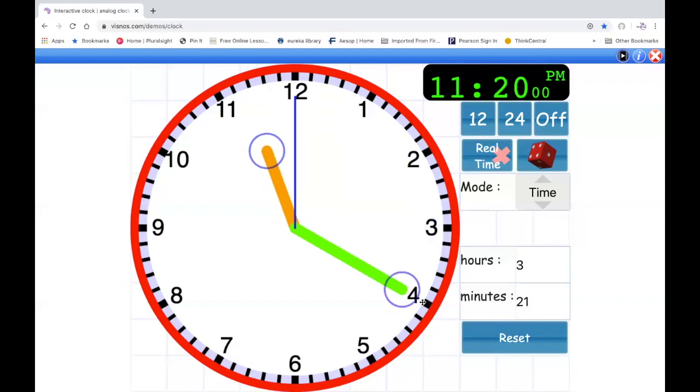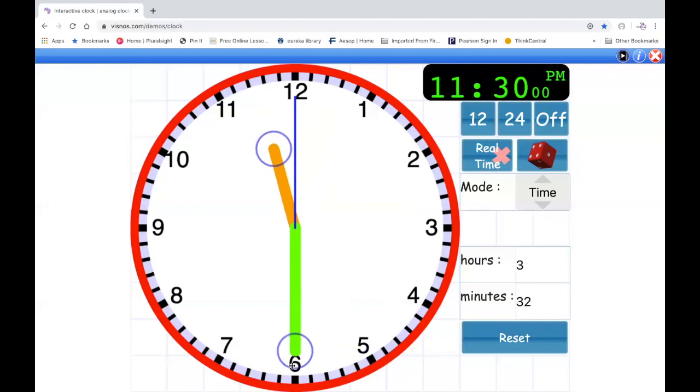When it's on the 4, we say 11, 5, 10, 15, 20. When it's on the 5, we read the hour first. It is 11, 5, 10, 15, 20, 25. When it is on the 6, we know that it's 30, so it's 11:30.